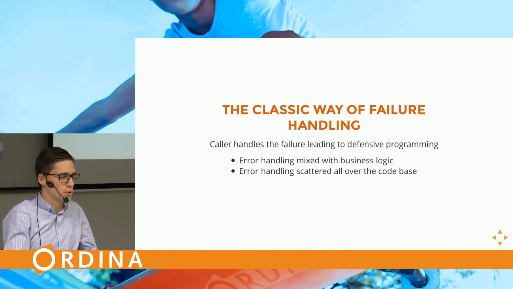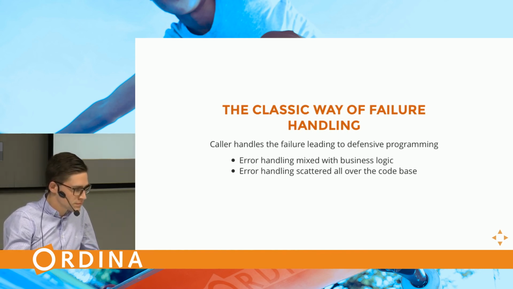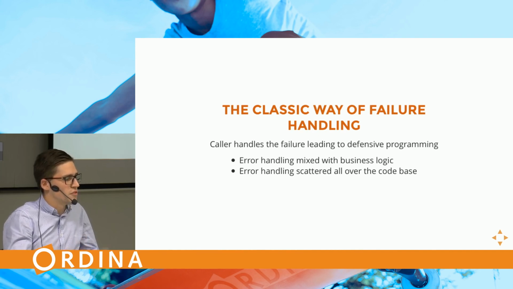For example, the method that you're trying to invoke might throw an IO exception because it's accessing a file on the file system, and right there you need to implement a way to handle the exception when encountered. And this way of failure handling leads to defensive programming.